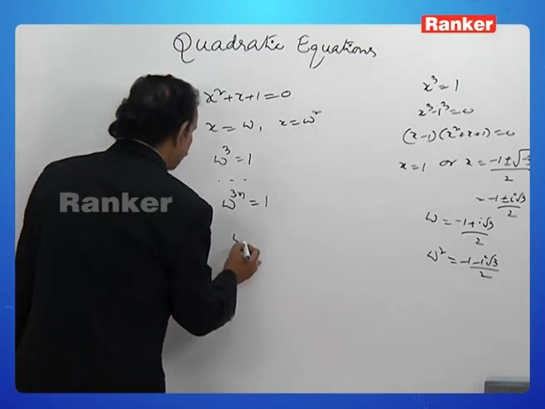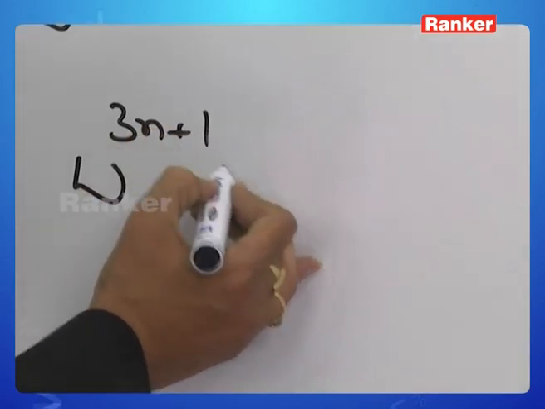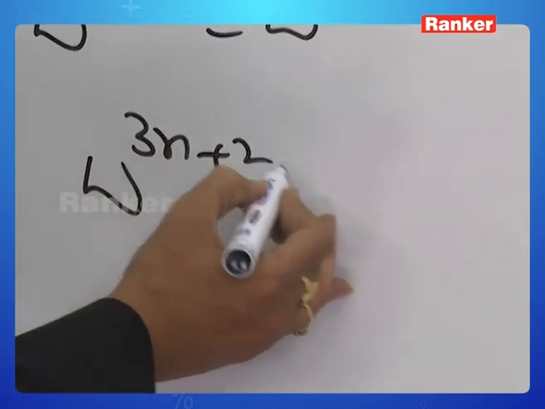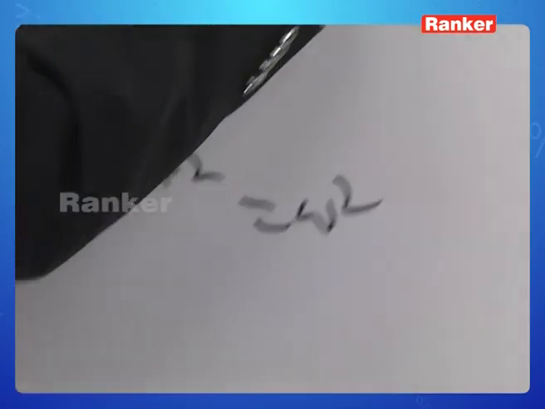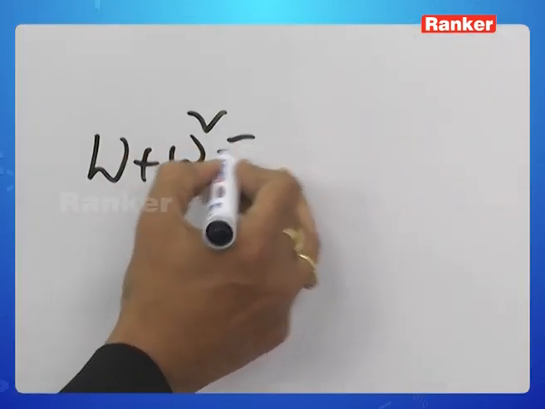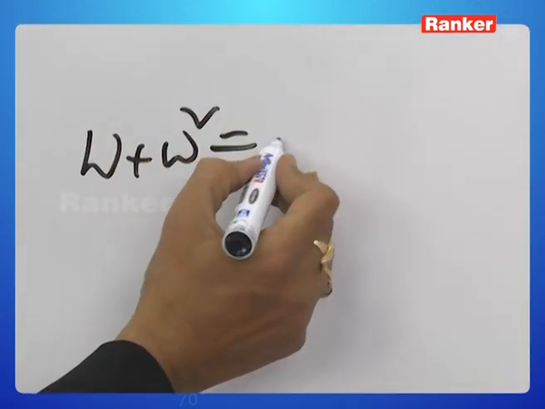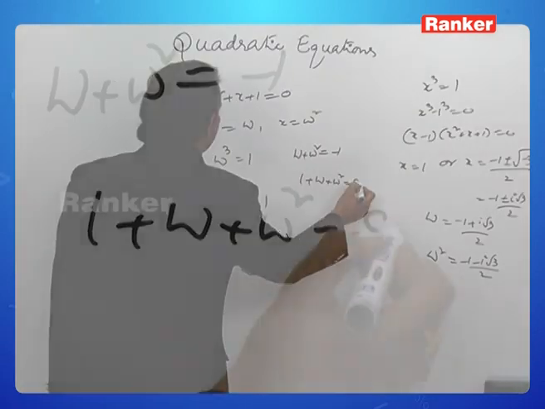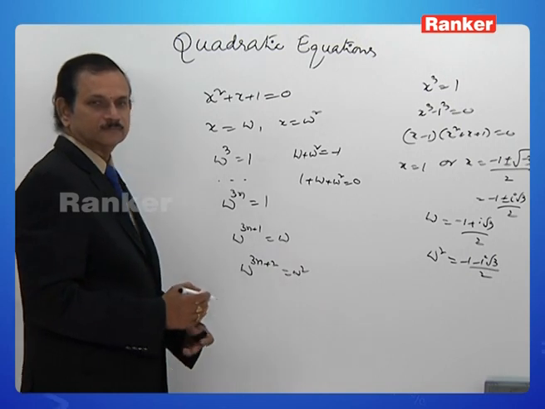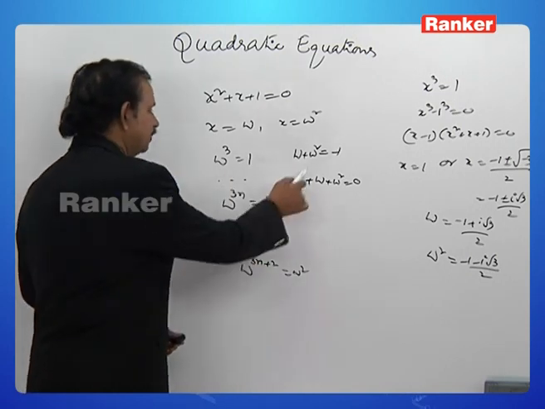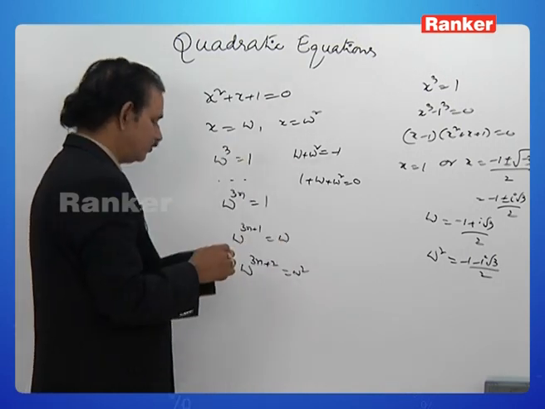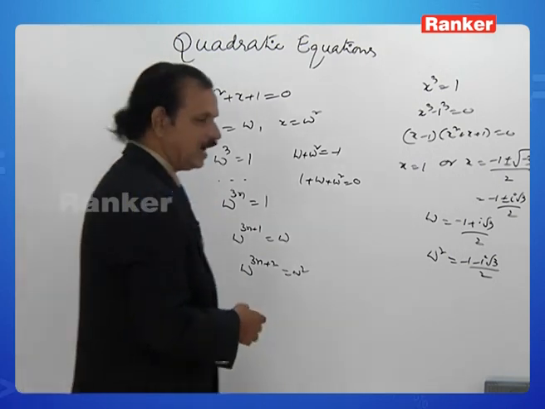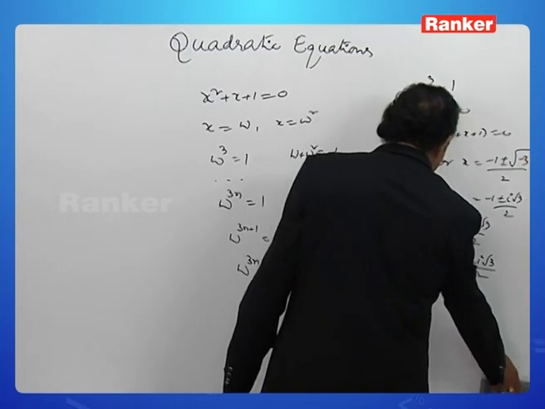Just like that, omega power 3n plus 1 is equal to omega, omega power 3n plus 2 is equal to omega square, and omega plus omega square, sum of the roots, is minus 1, or 1 plus omega plus omega square is equal to 0. So this is the special item that can be recalled and used in the case of this equation. Let us have one problem related to this one.